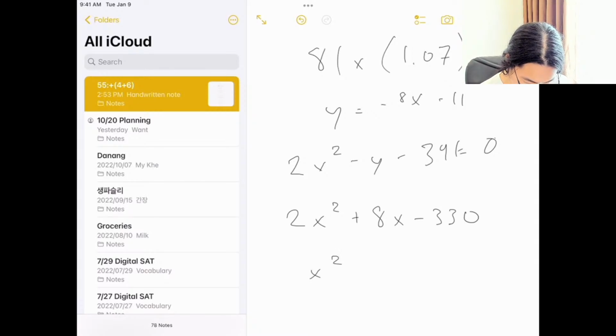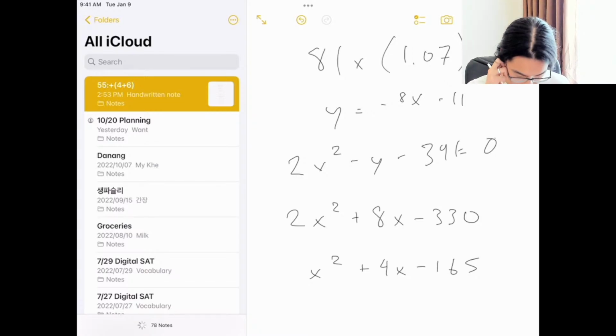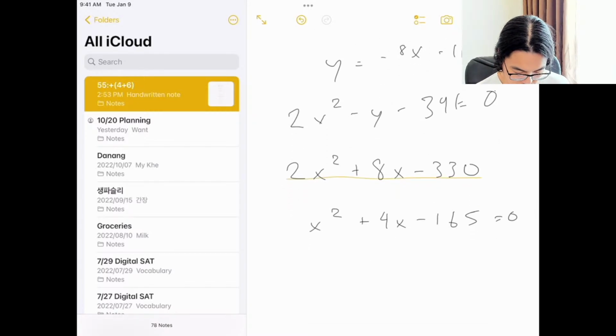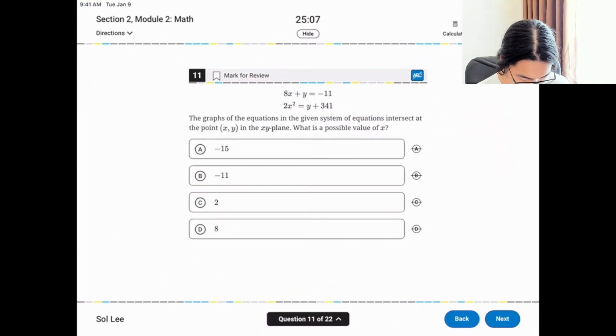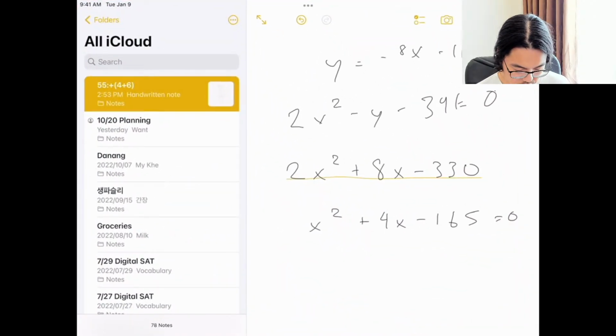That's x squared plus 4x minus 150 plus 15, 165, is equal to 0. So I'm looking for a possible value of x, so I just need this to equal 165 somehow.